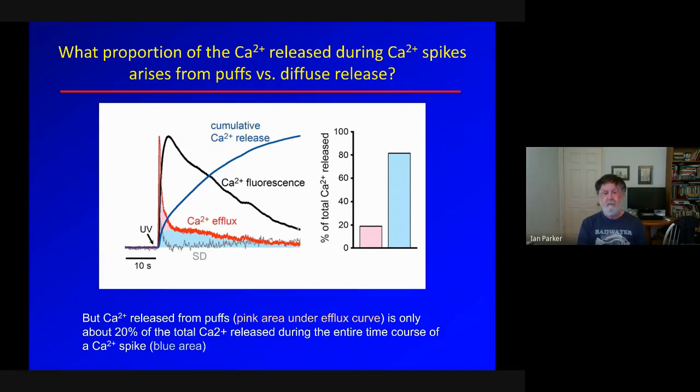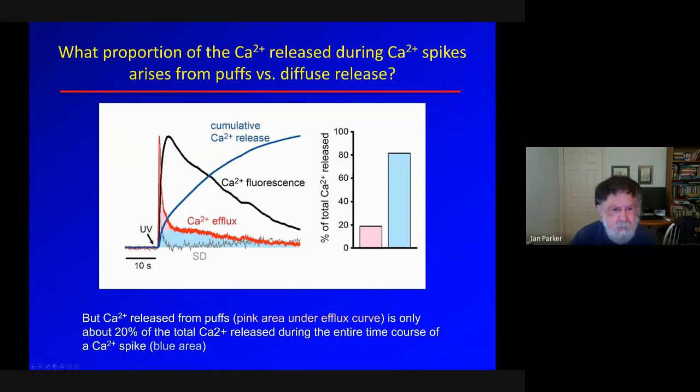In separate experiments, we gave a pulse of cytosolic calcium and looked at the reuptake to get a measure of the sequestration rate. And then from the global signal and our estimated sequestration rate, we could get a red trace here showing our estimate of calcium efflux into the cytosol. So this has an initial spike, but then a very maintained component.